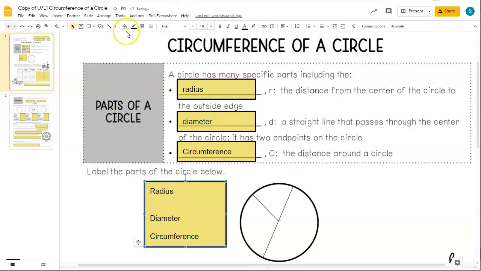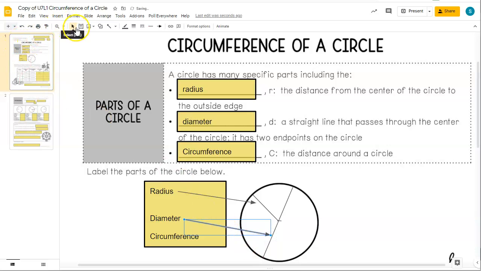Let me grab my arrow tool and say this is a radius. This is a diameter. And then the length around the outside, my path around, is my circumference. So we've got the radius, the diameter, which is all the way across, and the circumference.